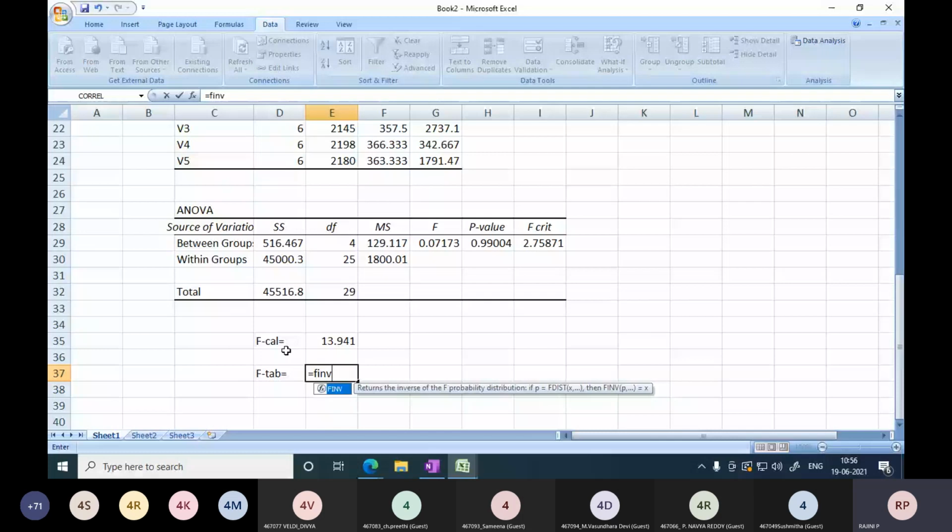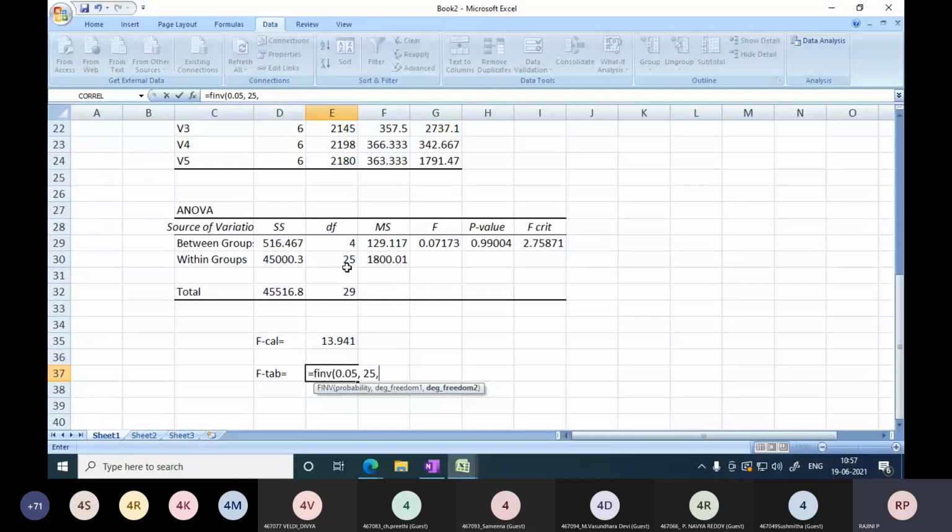So write FINV. FINV gives an F value. Open the bracket. The probability value is 0.05, and the first degrees of freedom is 25, because here you are taking the error into the numerator.